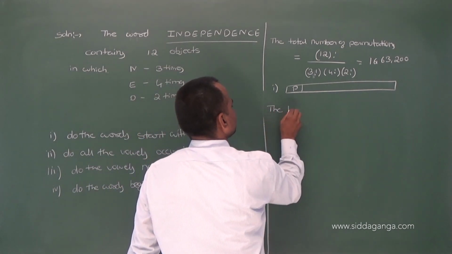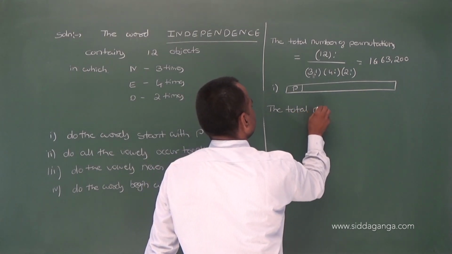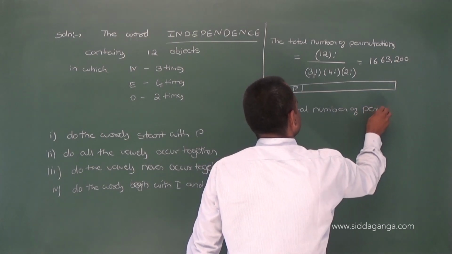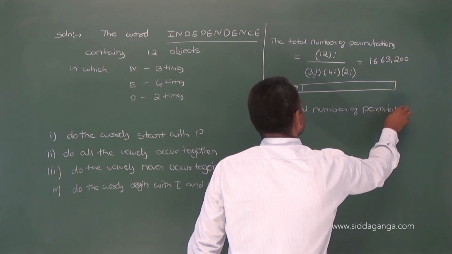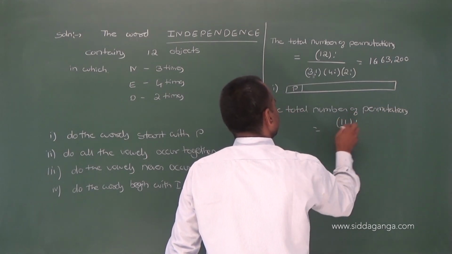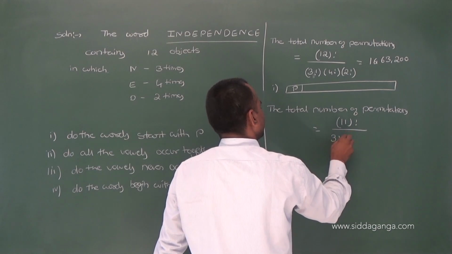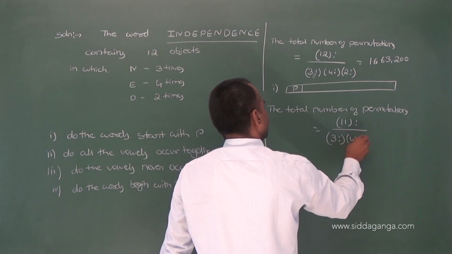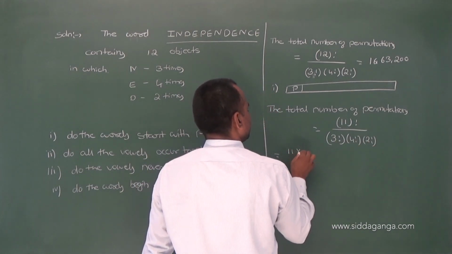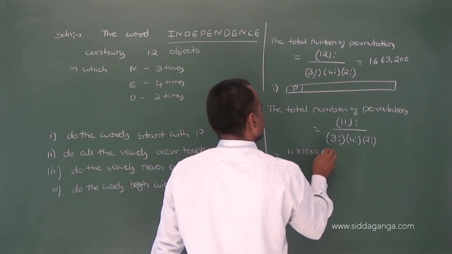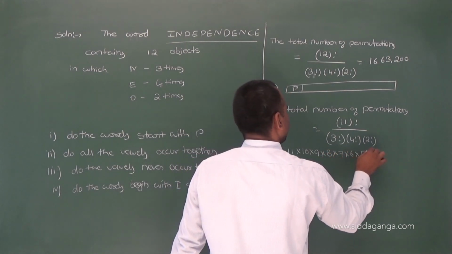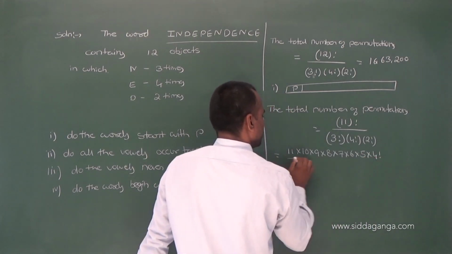The total number of permutations is 11 factorial divided by 3 factorial, 4 factorial, 2 factorial.